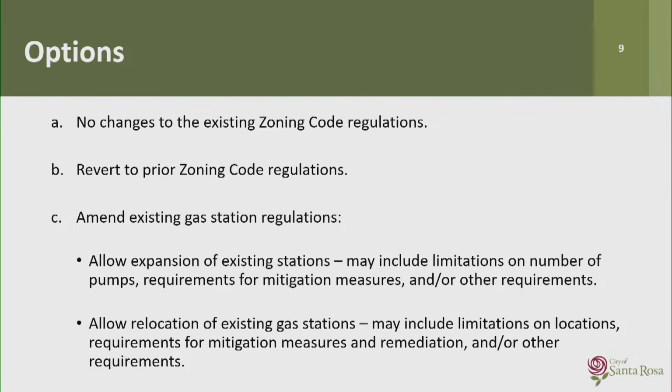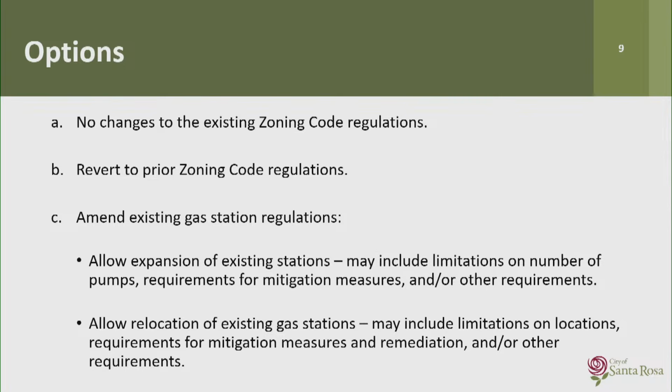What we have on this slide are some potential options for the council to consider through this study session. The first would be no changes to our existing regulations, keeping them status quo. The second potential option would be to revert back to the prior regulations that would allow for new expansion and relocation in those commercial and industrial zones. And then the third would be amending the existing gas station regulations.